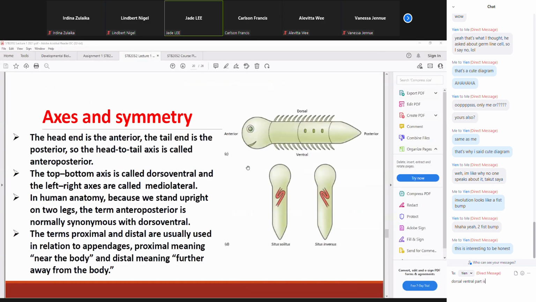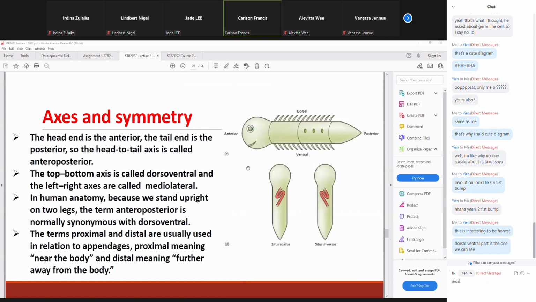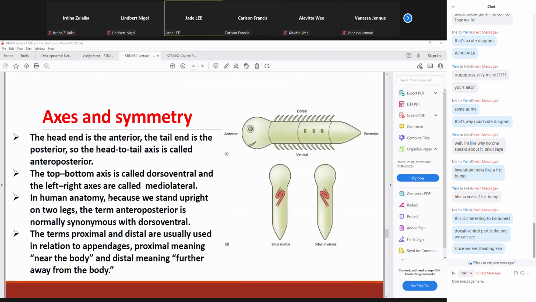We'll come back here. The next slide. Yes, the third sentence. In human anatomy, you see, we stand upright, right? Our head is anterior, right? So our foot is posterior, right? Yes, that's correct. What does it mean by synonymous with dorsoventral?